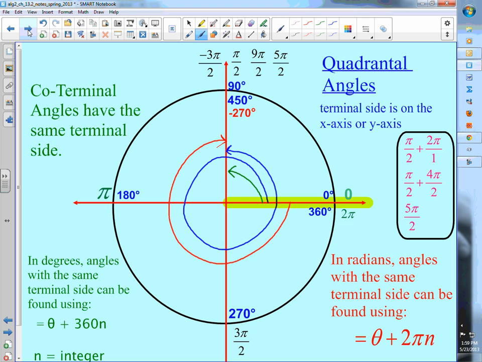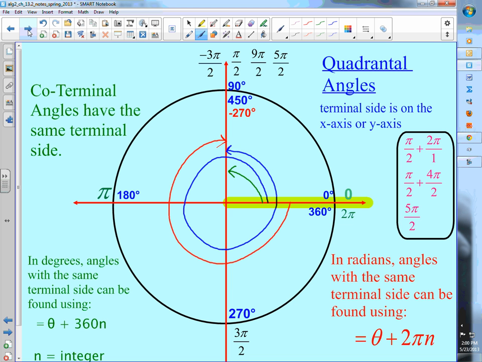How do we get there? We just keep adding 2 pi, one more revolution. Or we keep adding 360. We got 90 plus 360, 450. If we go the other way, the red angle goes all the way around to here, 3/4 of the way, is a negative 270 degrees.